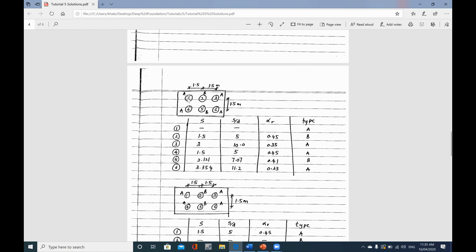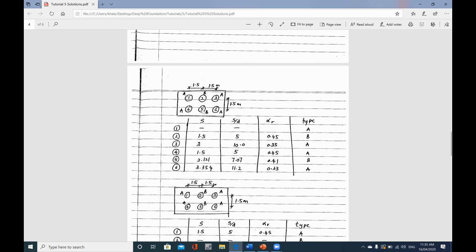So we consider firstly this pile, which is number 1, and we need to work out what's the spacings, and then to work out the spacing over D ratio for each pile, and then to calculate the alpha R value. So to calculate the spacings, for example, for this one between pile number 1 and pile number 2, it's 1.5 meter. Between pile number 1 and pile number 3, it's 3 meter.